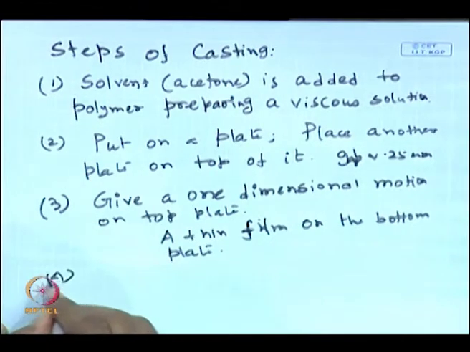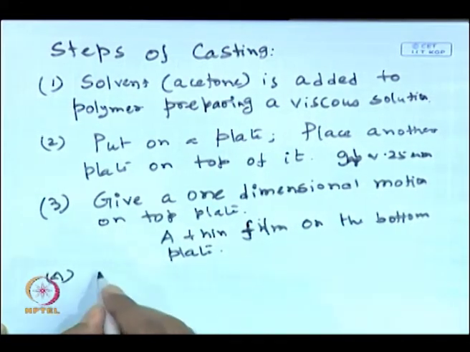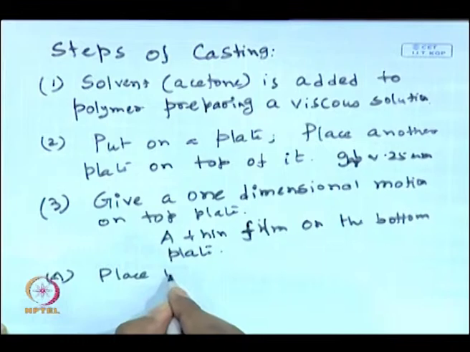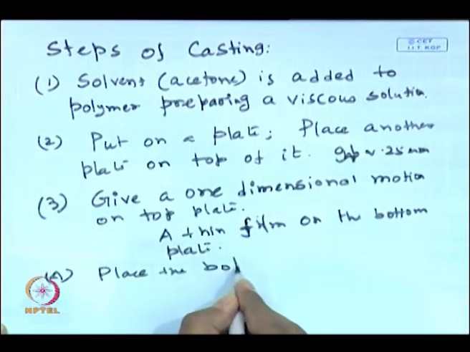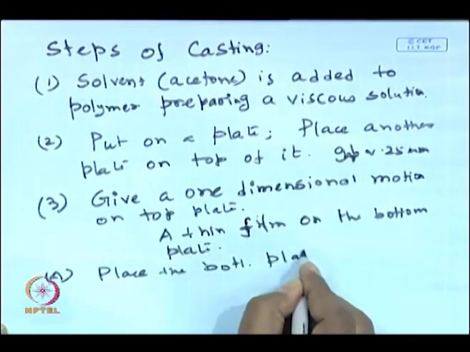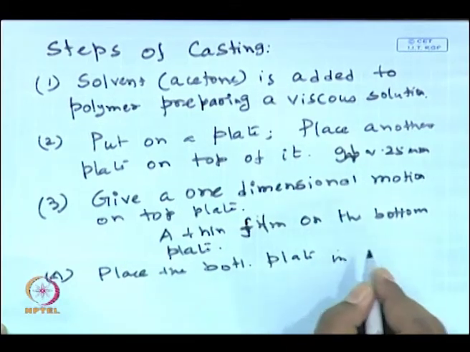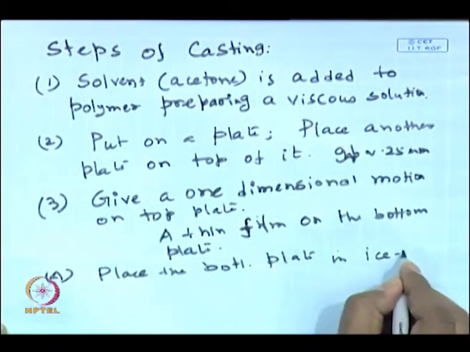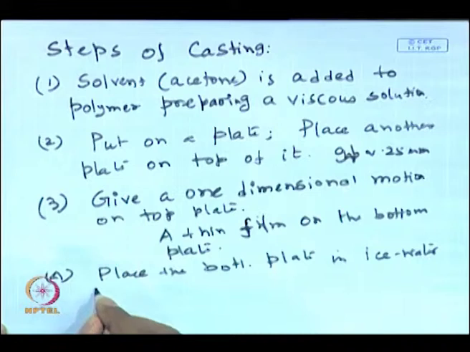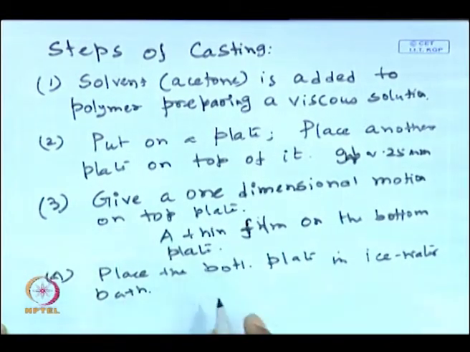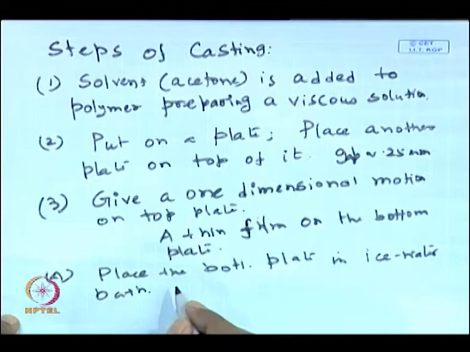Then you take out the bottom plate and place it in an ice water bath. What it does is, the polymer film becomes solidified and it gets detached from the plate.